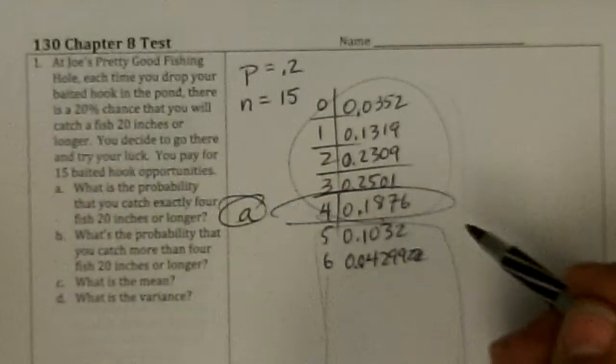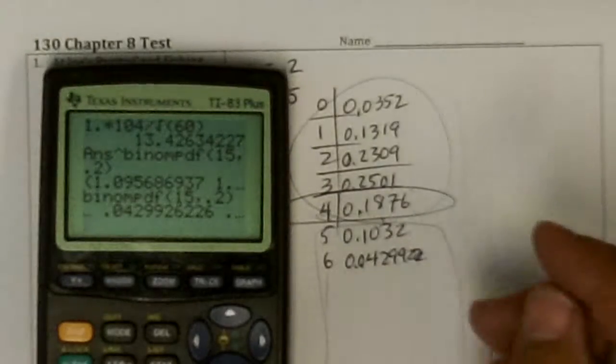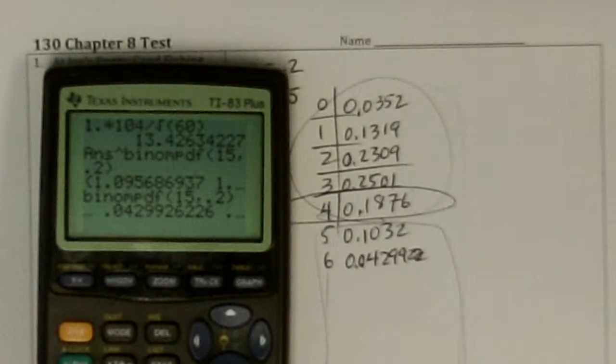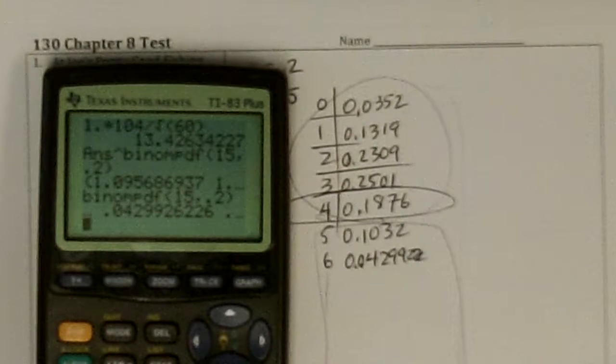Now I can add those up, but the calculator adds them up, as does the distribution worksheet on binomials.